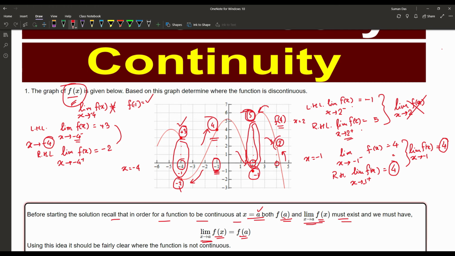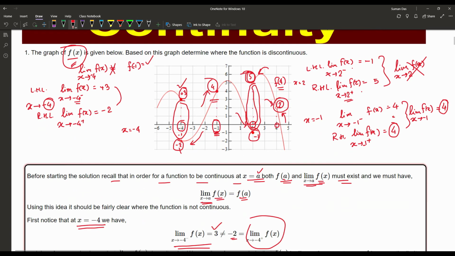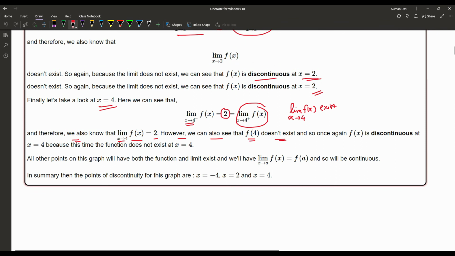So here the continuity does not exist, but at x equal to -1 the continuity exists. So particularly at the points x equal to -4, x equal to 2 and x equal to 4, the function is discontinuous. For all the other points, the function is continuous.